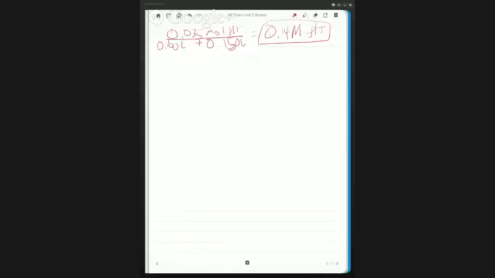Let's change colors. Green. Okay, so it's MAVA equals MBVB. I should probably say which one this is, so everybody's looking. Okay, so acid base neutralization.